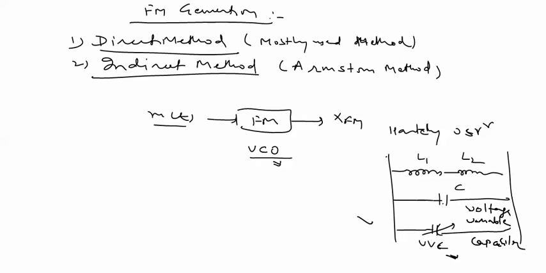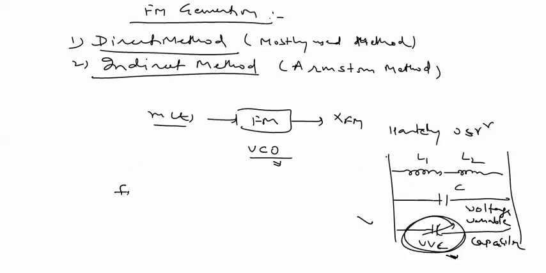Width variation is directly proportional to applied voltage, which varies the capacitance. The variation of the capacitance can be converted into frequency variation. Linear variation in the capacitance of the varactor diode is converted into frequency variation.